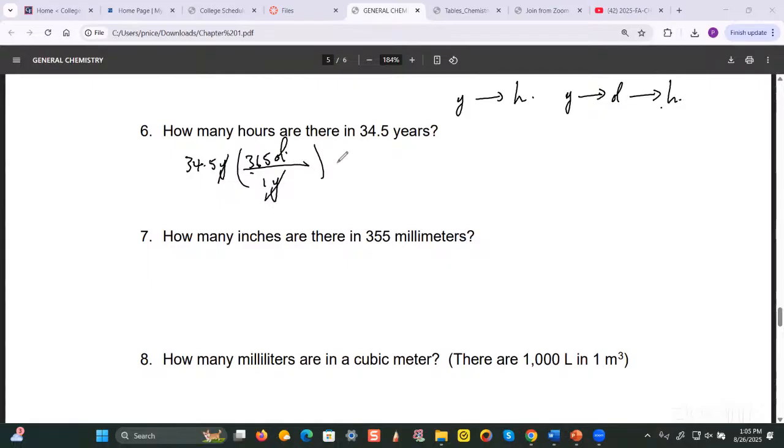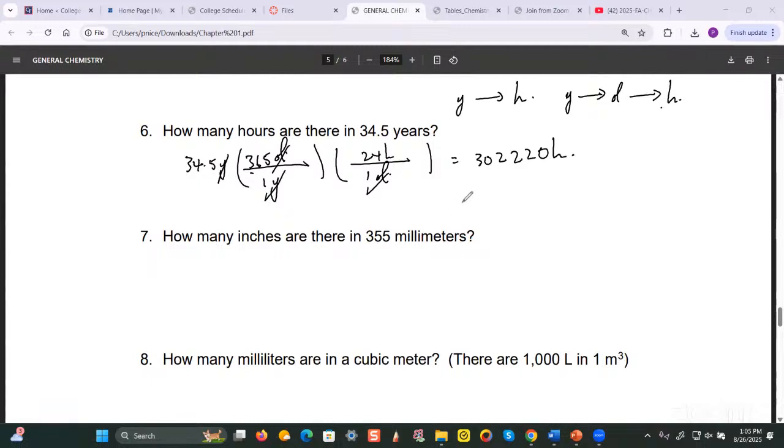So we have the days, and then how do we go from days to hours? 24 hours over 1 day, and that's it. 34.5 times 365 times 24, and we have to round off to 366, right? This is what I got. Let me write it down. 302,220 hours, right? But we have to round this off to 366.